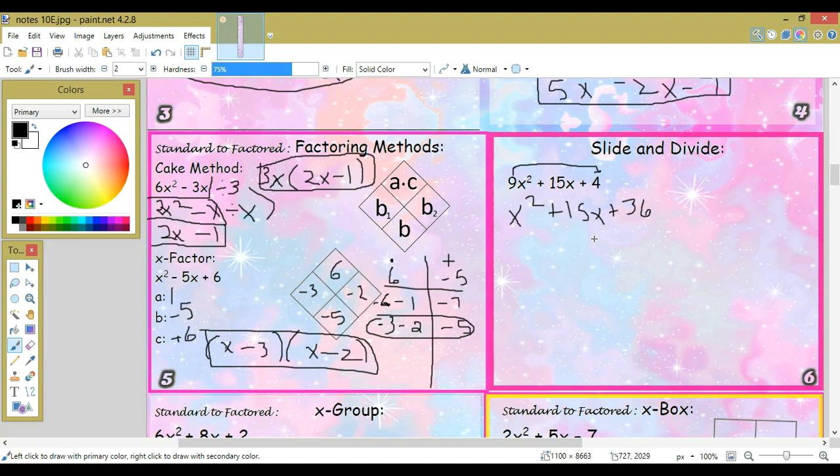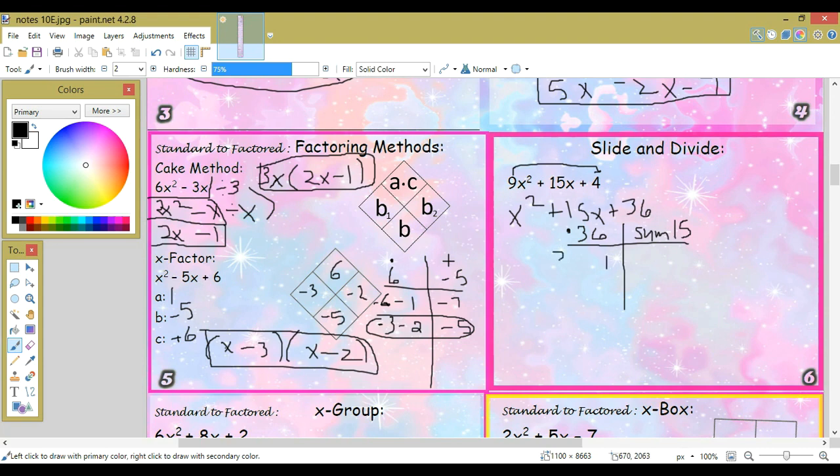From here, we want to find two numbers that multiply to 36 and their sum is 15. So let's write all the factor pairs of 36.